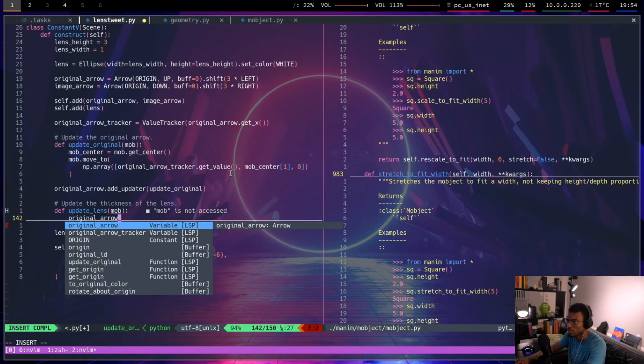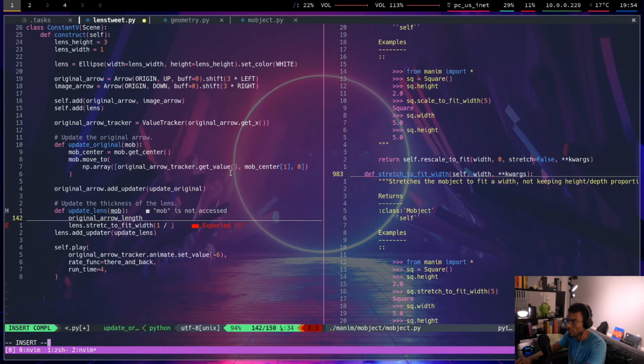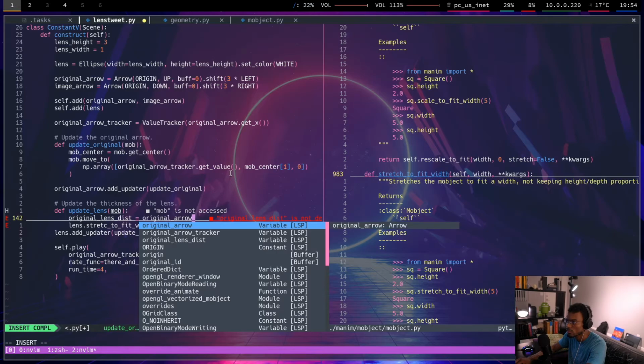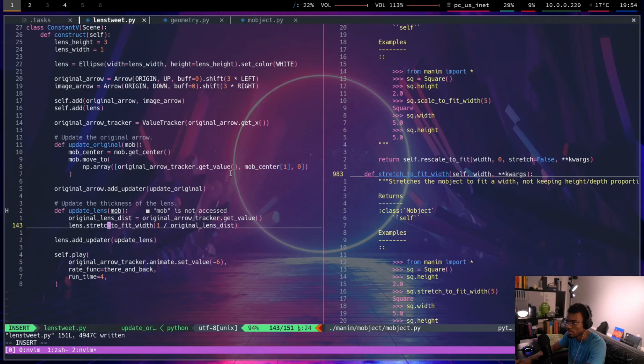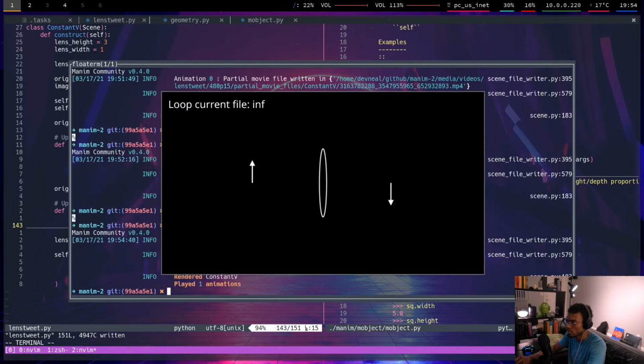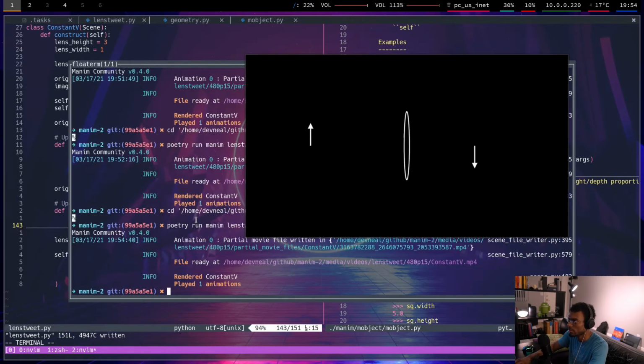So the original arrow length, or original lens distance, or whatever I called it. Arrow tracker dot get value. I'm gonna divide by that. I'm gonna spell stretch correctly. And then I'm gonna do this on mob. And hopefully, okay, so then this grows and shrinks.